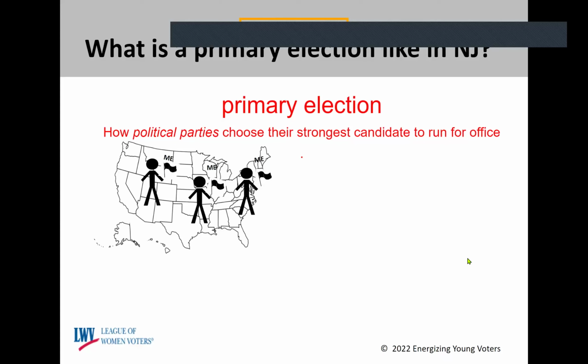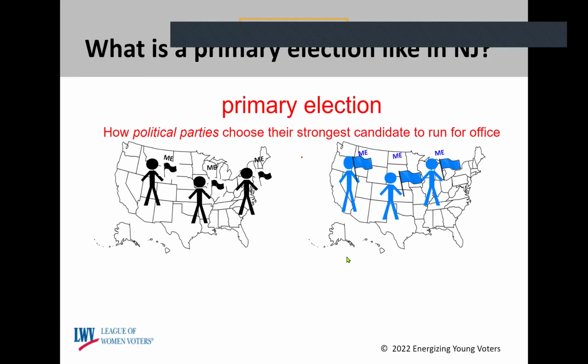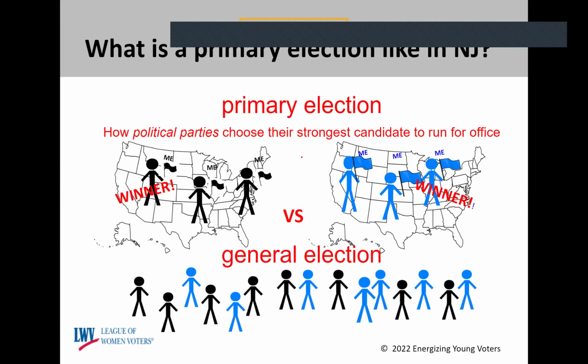So in the Black Party, they will choose the one person out of those three that they think is the best candidate, the best chance of winning in November. And the Blue Party will do the same thing. There are three candidates running. They'll pick the best one. And then in November, those two winners will be up against one another.